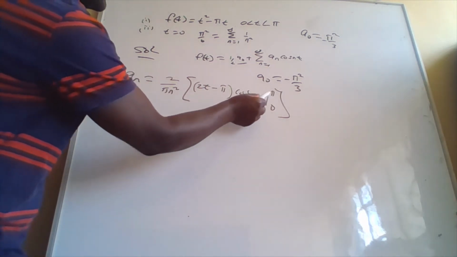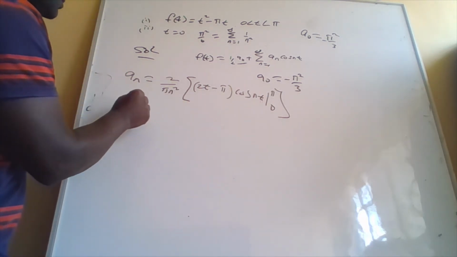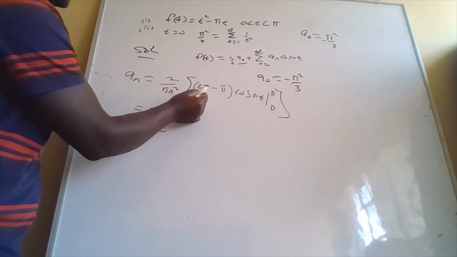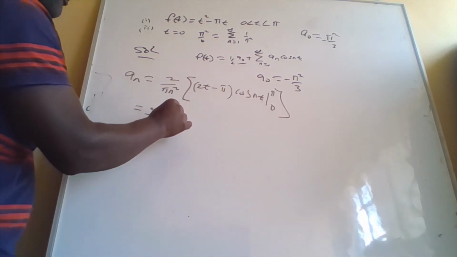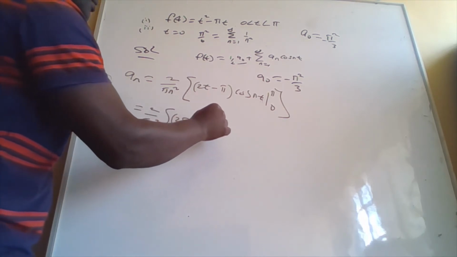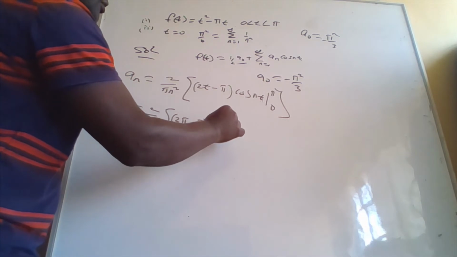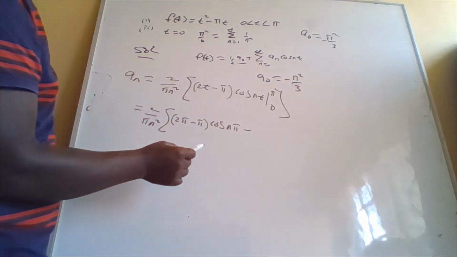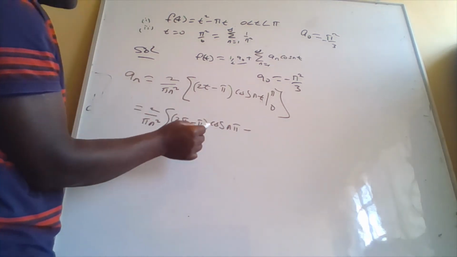Now we substitute in the limits. So when there is t, put there pi, so we have 2 pi minus pi cos n pi, minus, now substitute the lower limit.